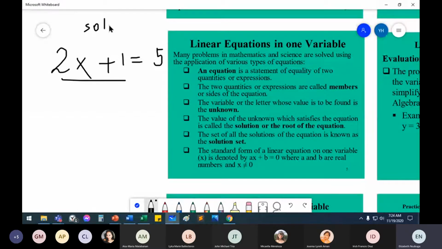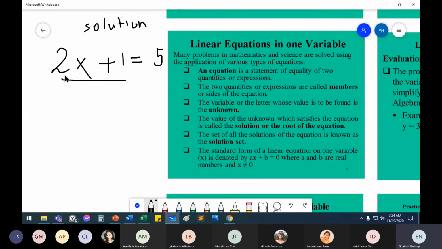Any value of x, or if there are many, which will give us the answer 5, will be a solution set. So solving this is what we call evaluating the equation.